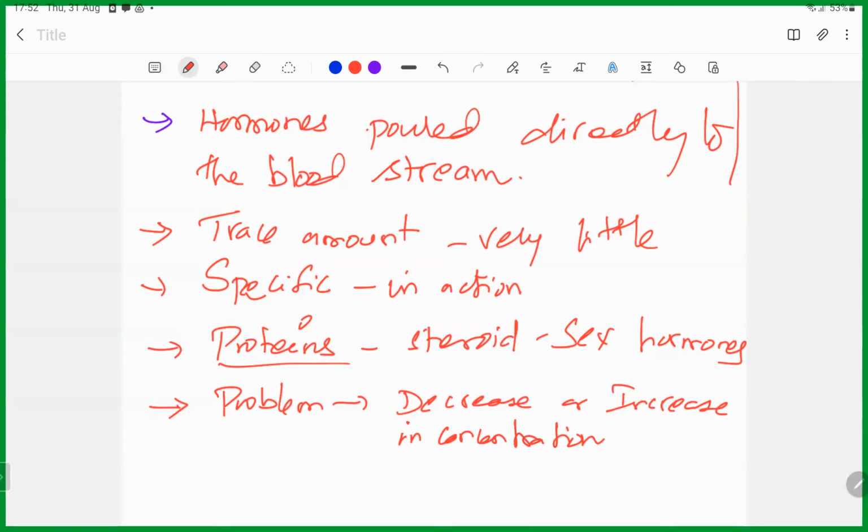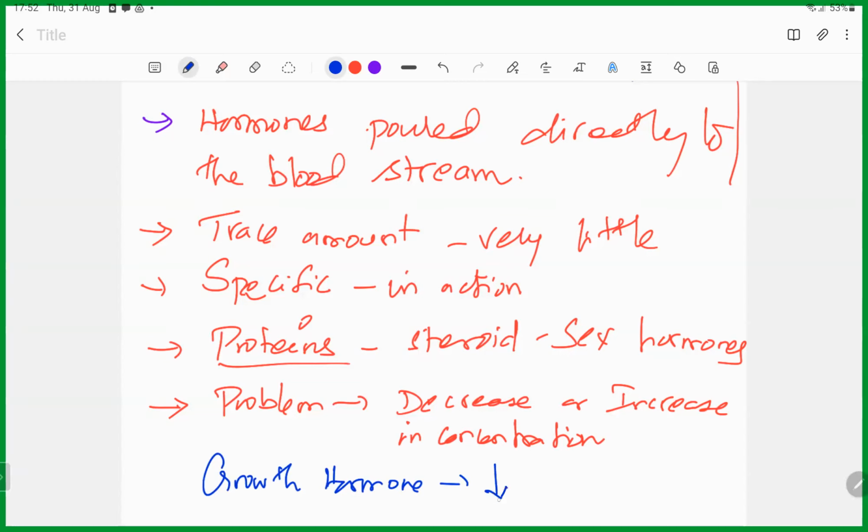For example, one hormone which is called what? Growth hormone. What is the function of growth hormone? It helps growth. Growth hormone supports growth.